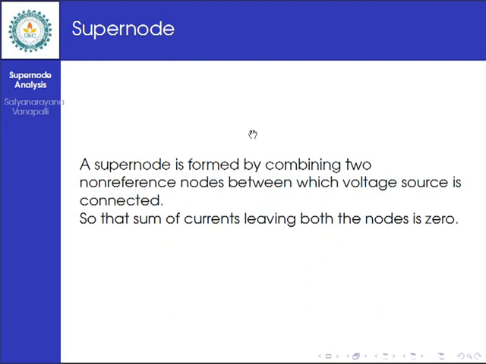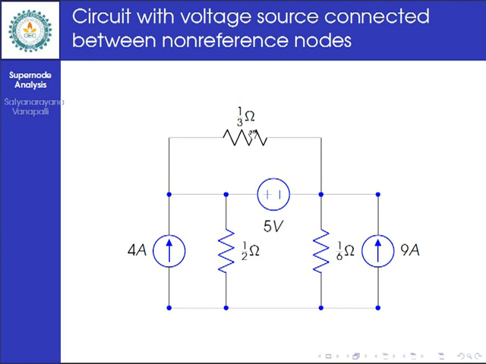Now coming to the concept of supernode. What is the difficulty in analyzing this kind of circuit that we need to look at first? If you observe the circuit diagram, the 5 volt source is connected between two nodes.